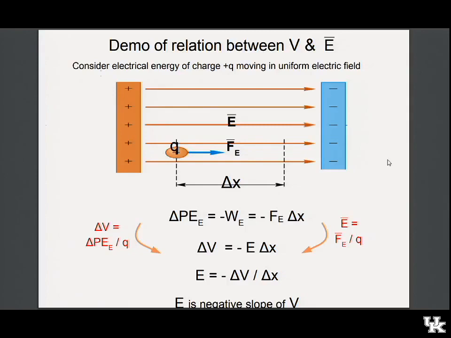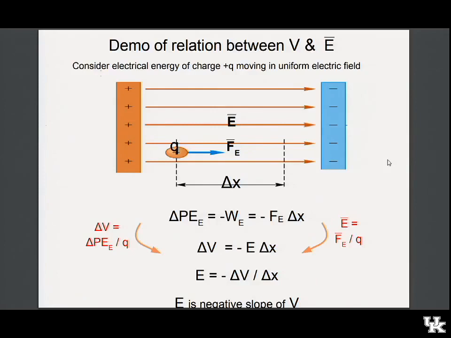So I'm just plugging those two definitions in. That's all I'm doing here. I'm replacing potential energy on the left with electrical potential, and replacing the force on the right with the electrical field. I get this little relationship here. If you plug in this equation on the left for potential energy, and this equation on the right for force, you get this equation here.